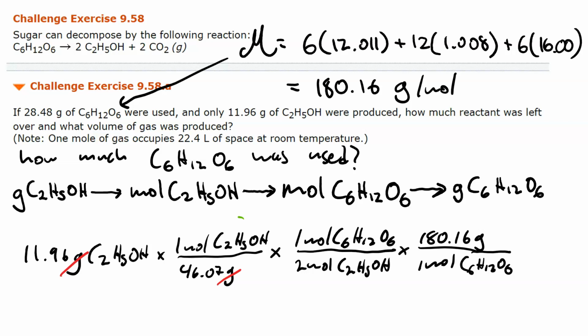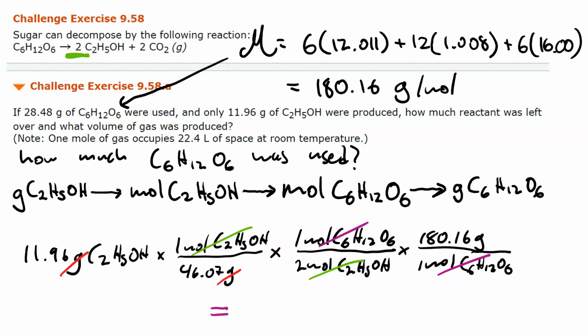Since at this point I have moles of C2H5OH in my numerator, moles of C2H5OH has to go in the denominator of my conversion factor, and the coefficient is 2. That's why I have 2 moles of C2H5OH here in my denominator. So moles of C2H5OH cancels, and now I have moles of C6H12O6. And I can use the molar mass of C6H12O6 to cancel moles of C6H12O6.